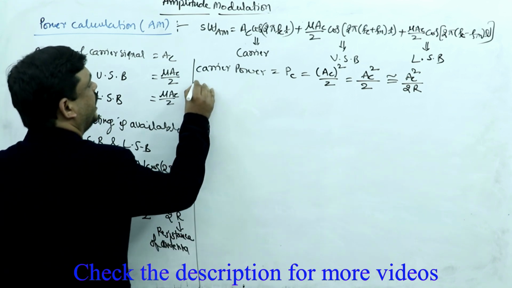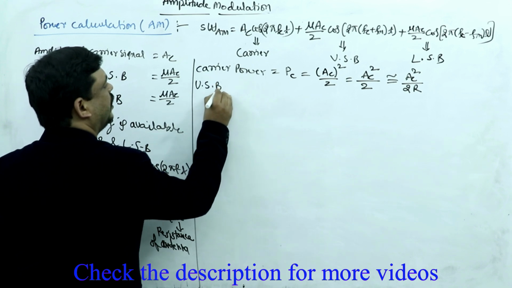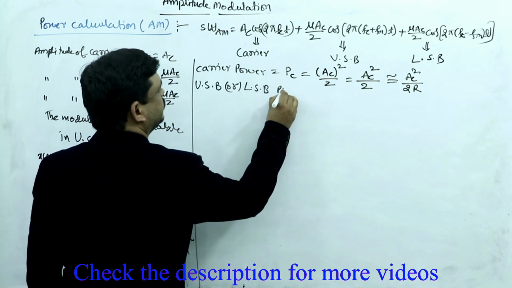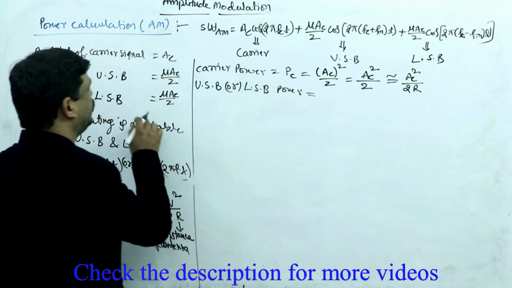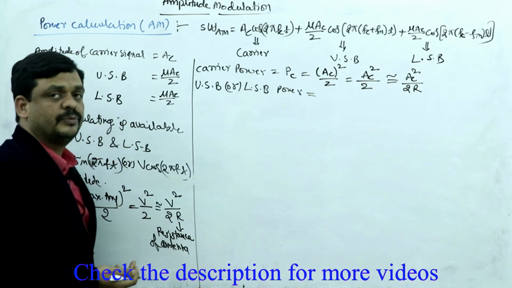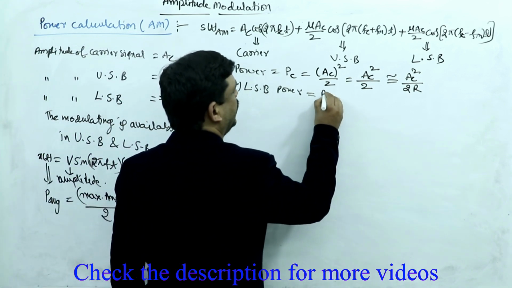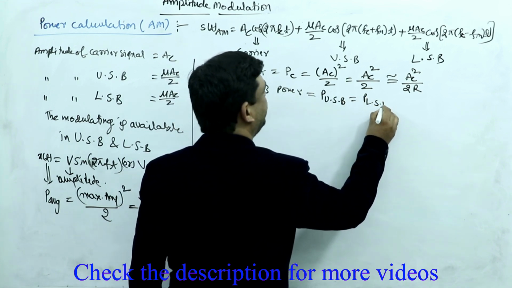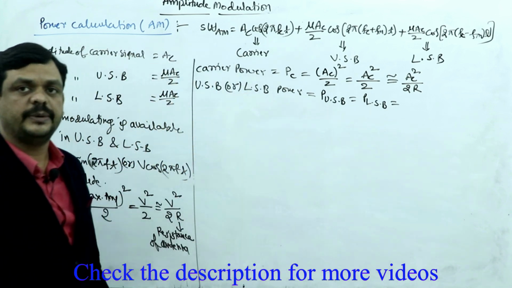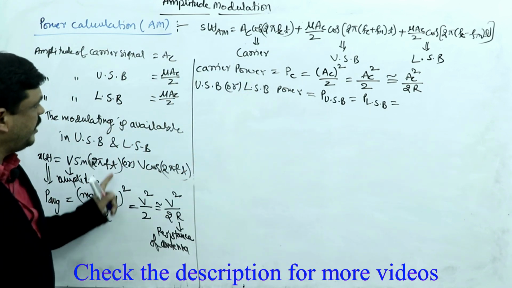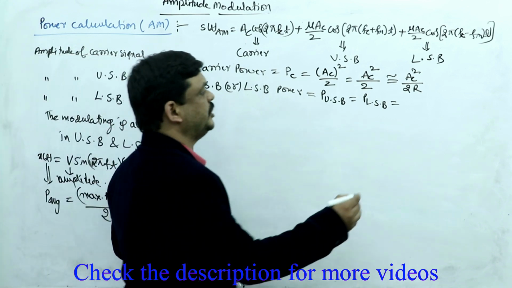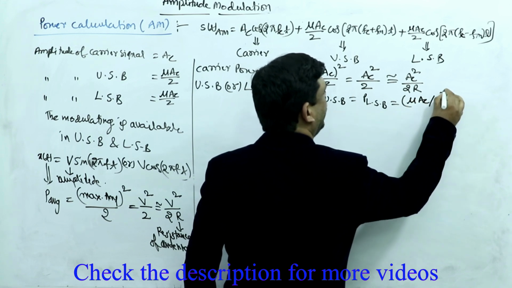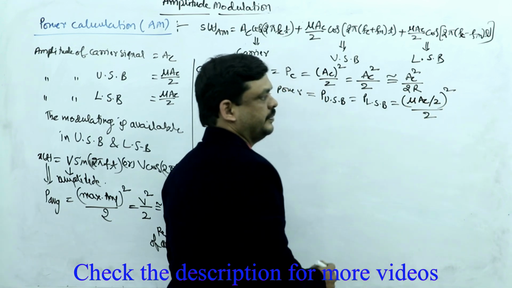Then I want to write the upper sideband or lower sideband power. Because the amplitude of the upper sideband and the amplitude of the lower sideband are both equal, directly I am writing that the power of the upper sideband is equal to the power of the lower sideband. The equation uses the maximum amplitude, which is mu Ac by 2, so maximum amplitude whole square by 2, right?